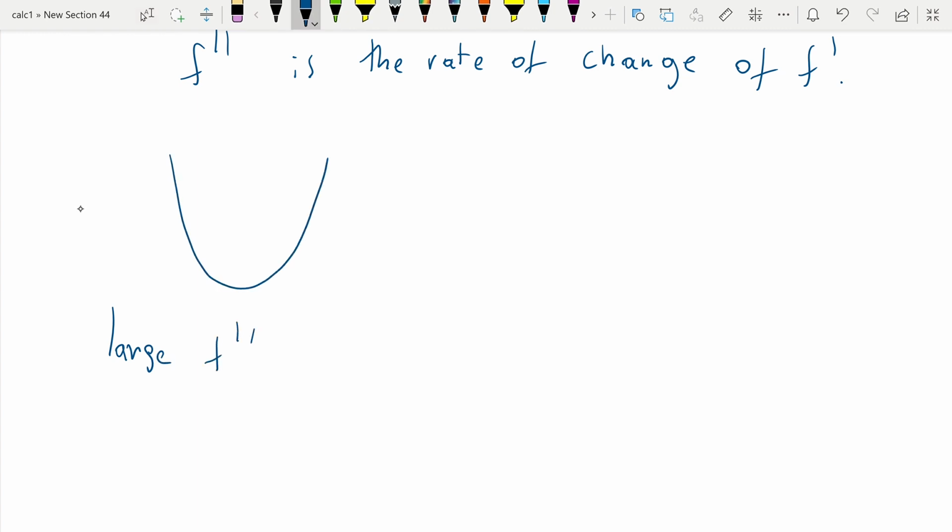Here the slopes are negative and they're increasing, becoming 0, then positive, and they start increasing very rapidly after that, becoming very steep. So here f prime is less than 0. At this point, f prime is equal to 0, and here f prime becomes very positive.